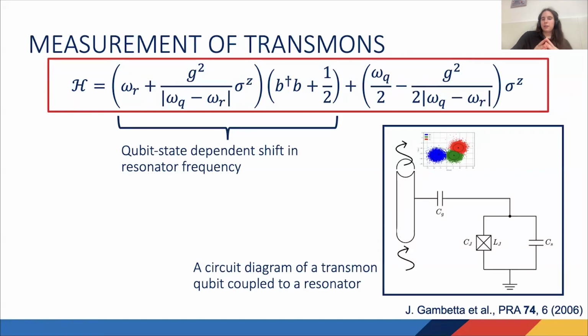And it turns out that if I send a microwave into the resonator, when I get it back out, the frequency that it comes out at depends on the state of my qubit. That's what I say in the Hamiltonian. If you're interested in reading those, you can see here that there's a qubit-state-dependent shift in the resonator frequency.